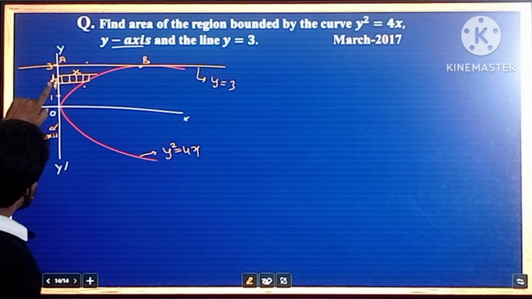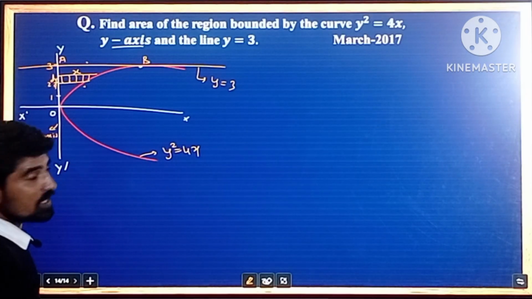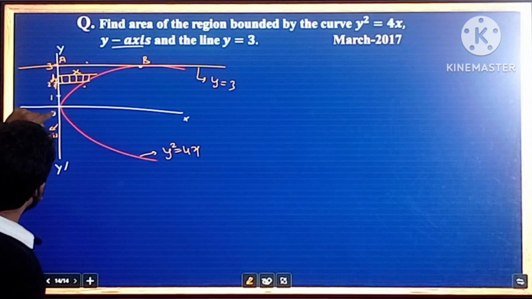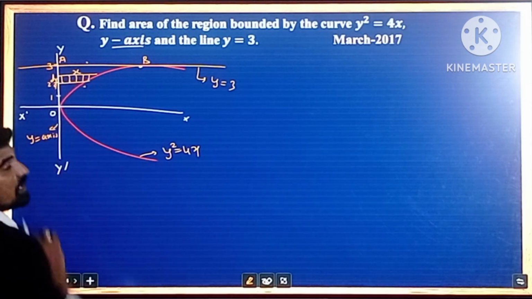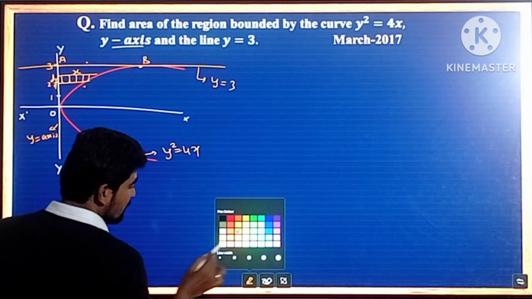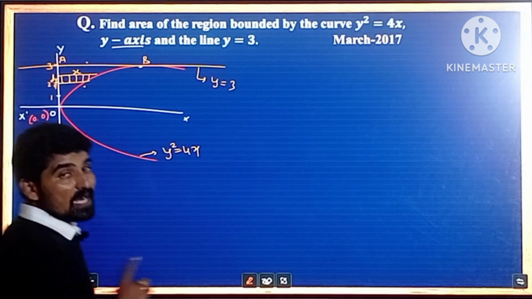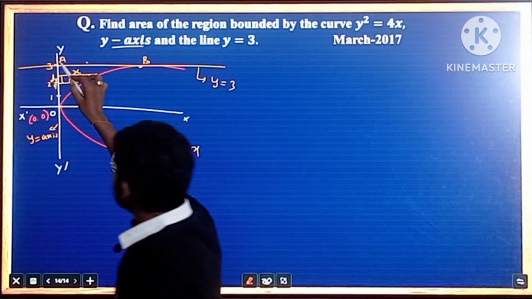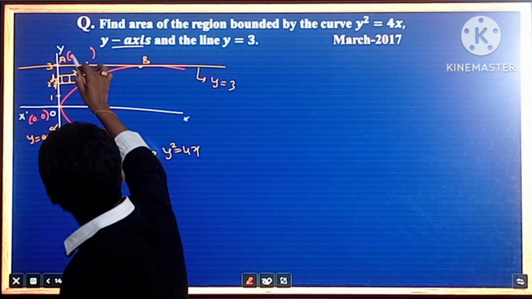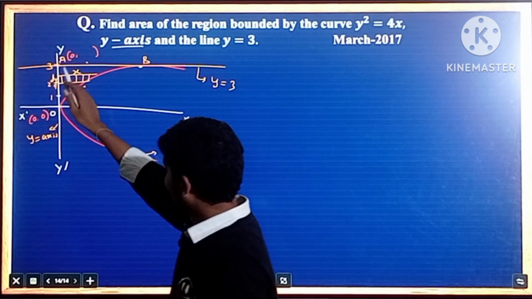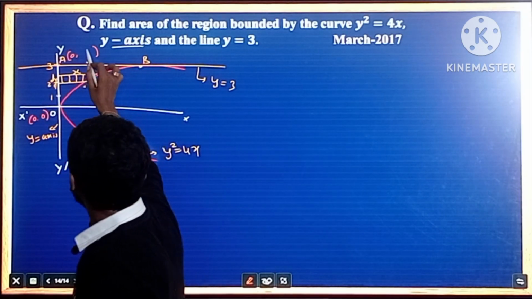We took a horizontal strip along the y axis, therefore we need to take the limits of y. For this area OAB, y varies from 0 to A, and we know that the coordinates of the origin are 0, 0 and the coordinates of the point A, since this point A is on the y axis, its x coordinate is 0 and the y coordinate of the point A should be equal to 3 because the equation of the line is y equal to 3.